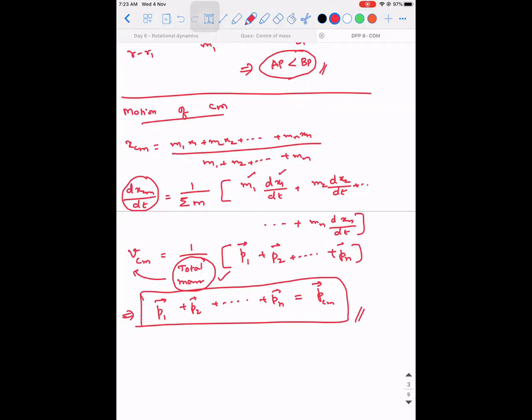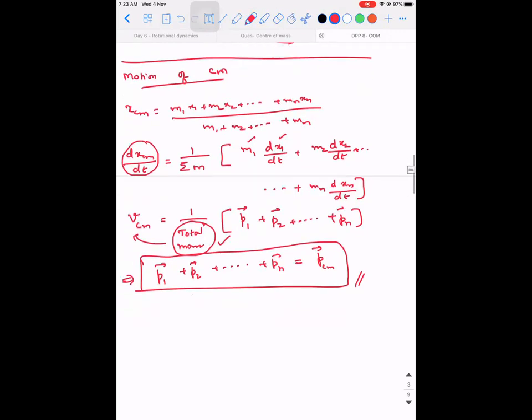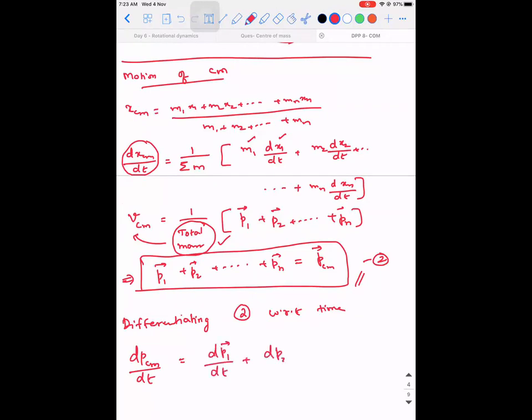Okay. Now comes the next important point, that is differentiating this with respect to time. Then I'll get dPcm by dt is equal to dP1 vector by dt plus dP2 vector divided by dt plus so on plus dPn vector divided by dt.